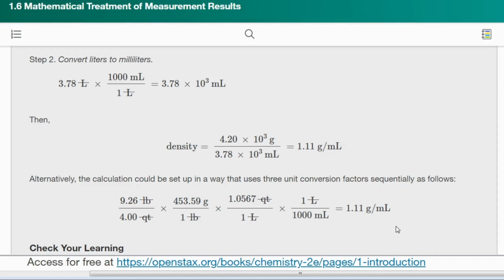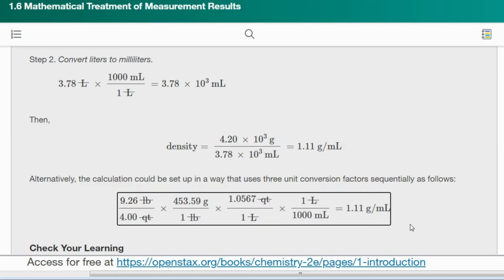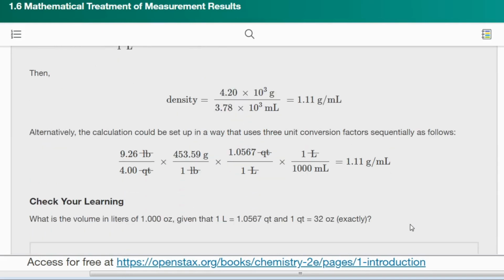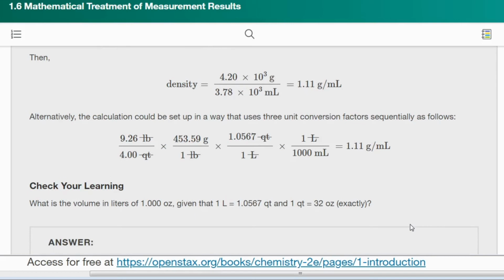Unfortunately, sometimes you might have to do everything all at once, using all the conversion factors, listing them sequentially. So this will just take practice. When I've tutored chemistry, for the non-math savvy people, this can be challenging, and it just takes time and walking through it.